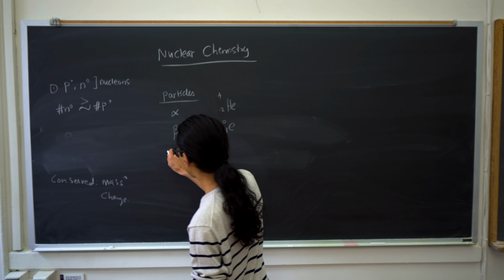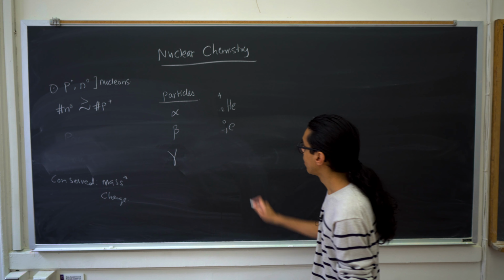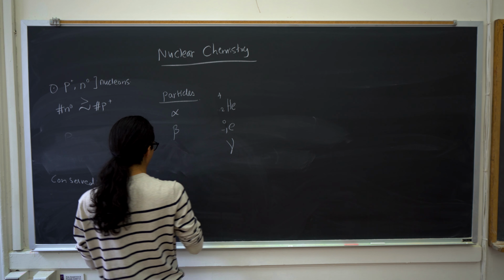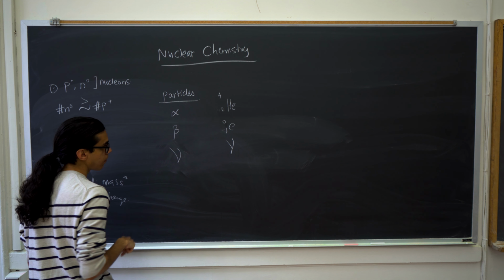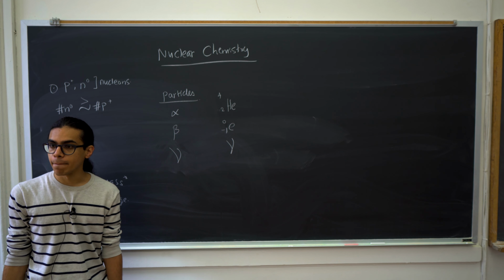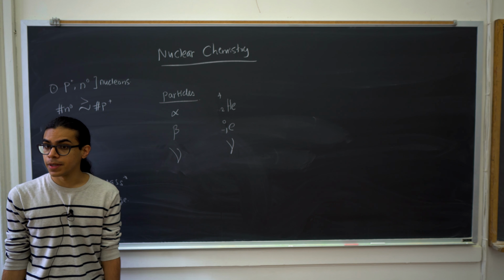Then there's the gamma particle. A gamma particle is a photon. Photons make up light. Photons are famously massless.